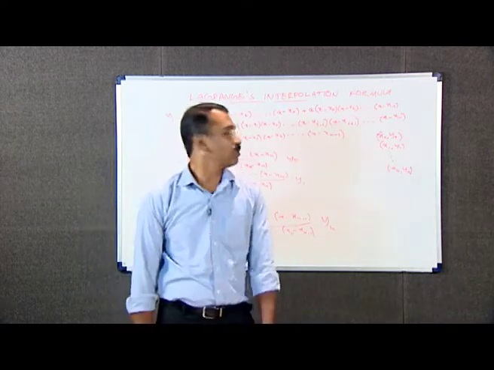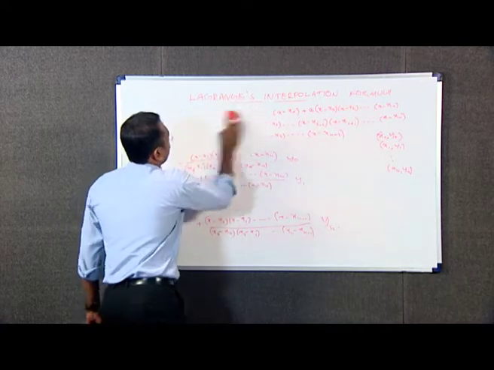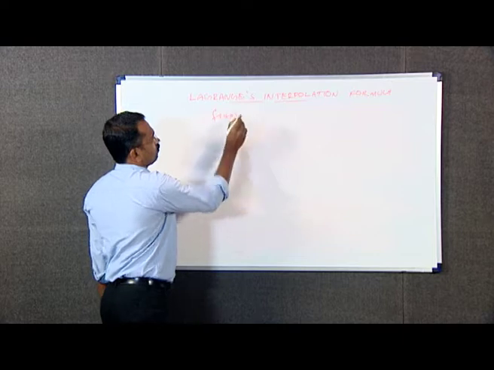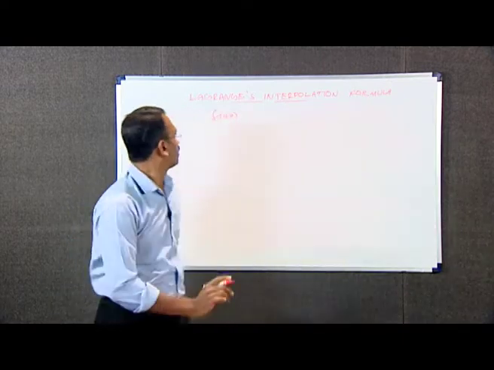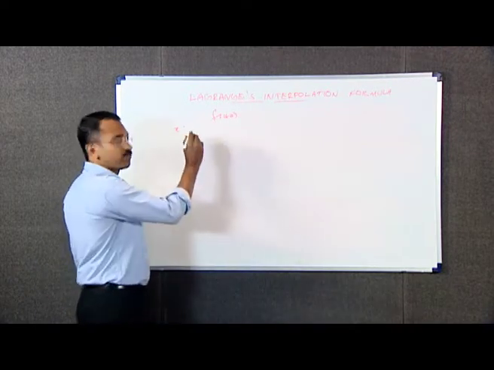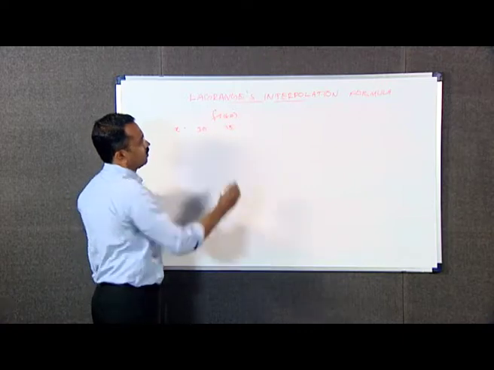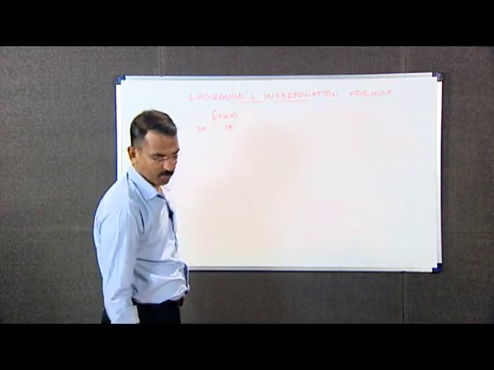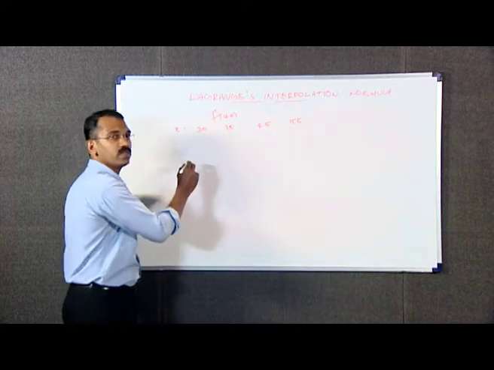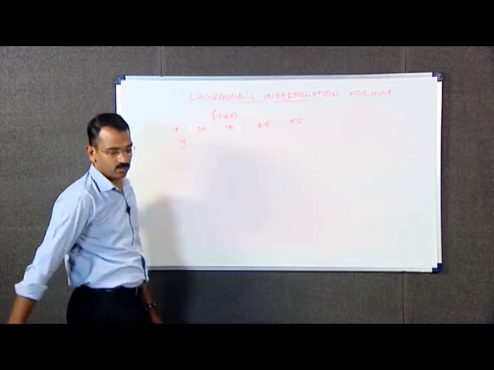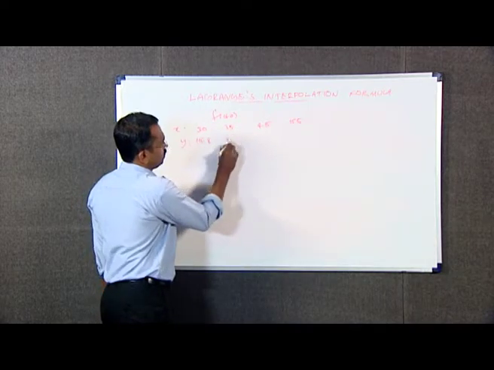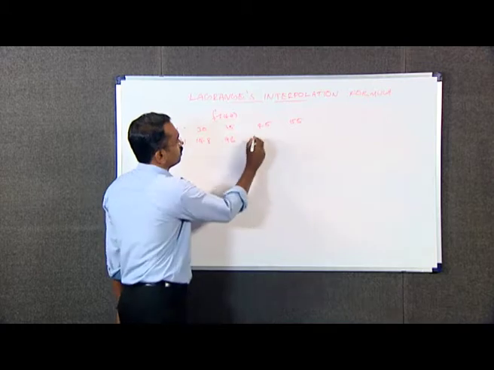Now we have to work out an example. Determine f of 40 from the following data. The values of x are given: 30, 35, 45 and 55, and the corresponding values of y are 148, 96, 68 and 34.